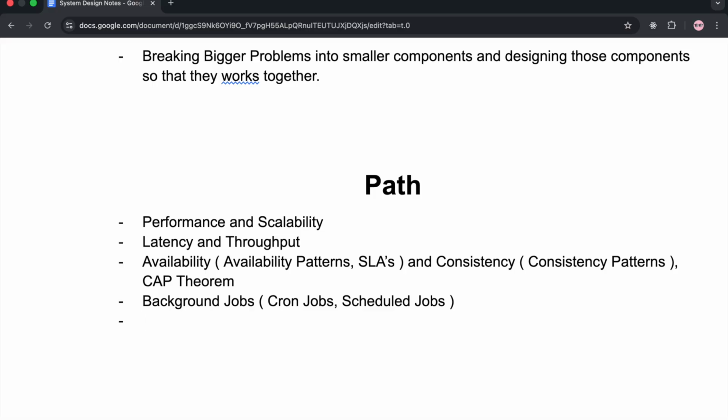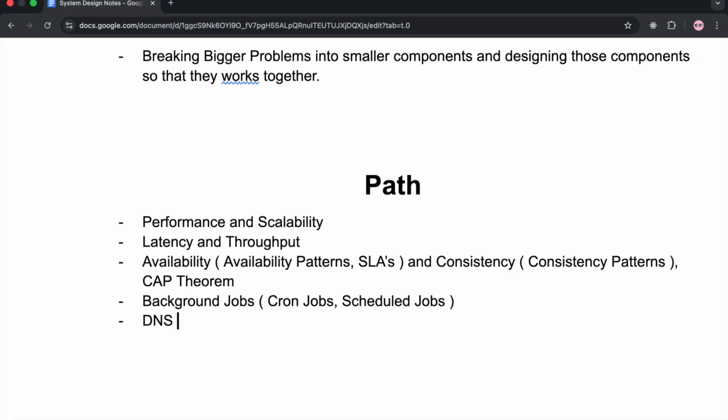These background jobs run in the background of your application. These are tasks that should be executed in the background and are independent from the main execution flow of the system, right?